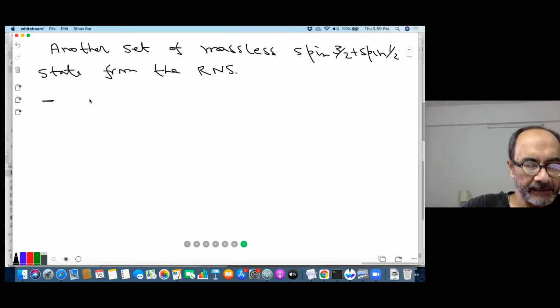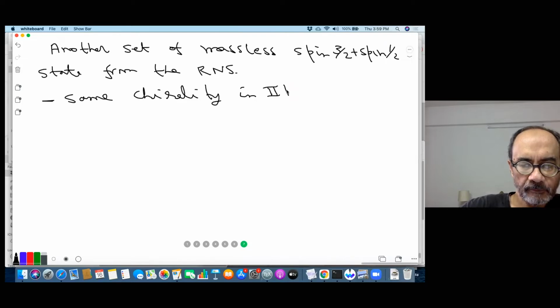And this has the same chirality in 2B because the GSO projection rules are the same on the two sides in 2B. And this has the opposite chirality compared to the NSR sector in 2A.